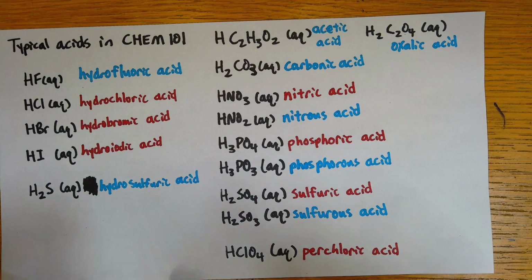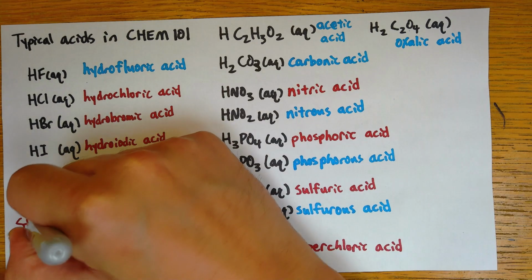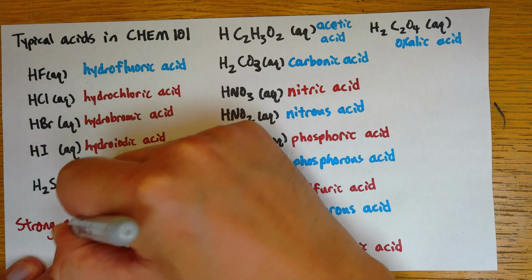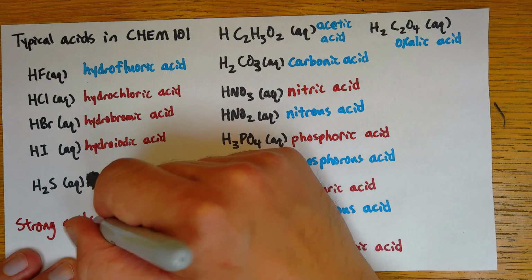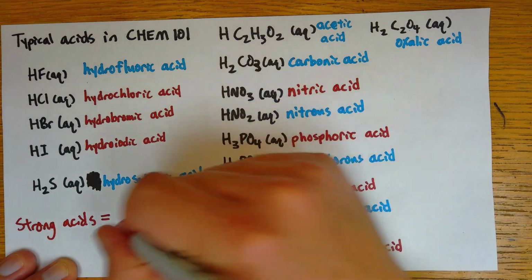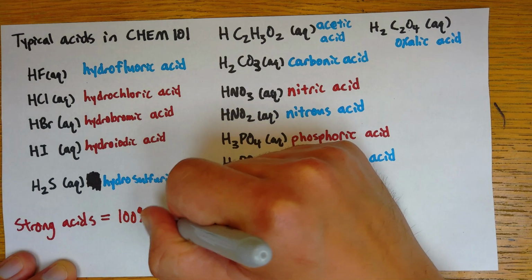The ones I had named in red, those are what we call strong acids. The name is a little bit misleading, but the definition of a strong acid is 100% dissociation.